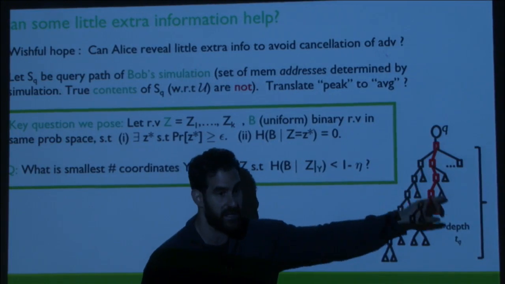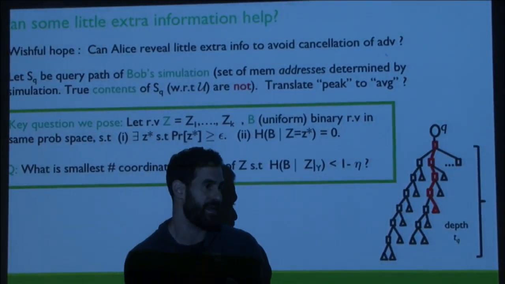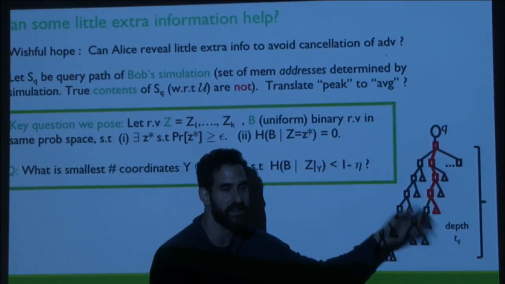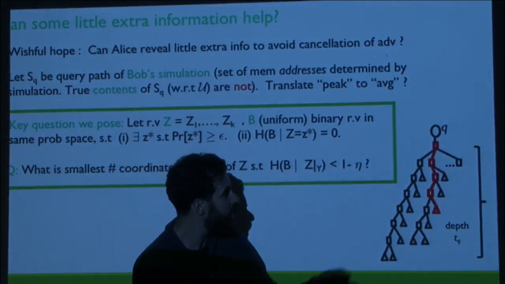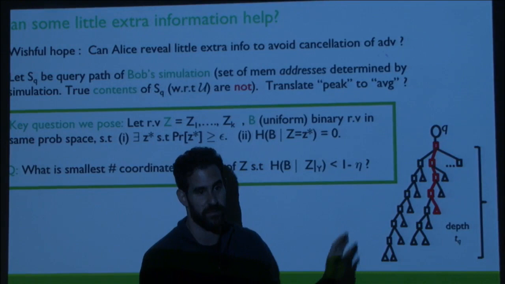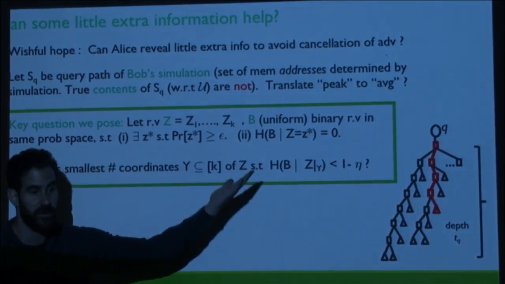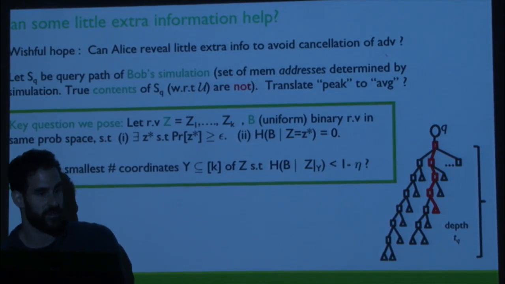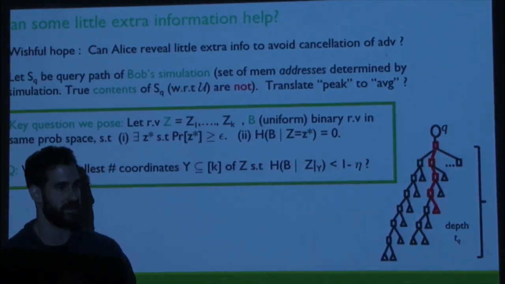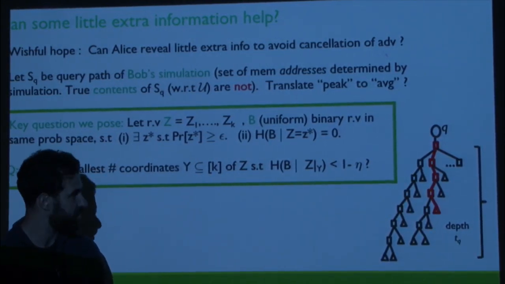It's the contents that he probed, which may or may not be correct. It's very unlikely to be correct because Alice most likely didn't sample all the correct cells. With some small probability, it's the correct path. And B is just the posterior answer conditioned on Alice's message, whether the answer to the range counting problem is 0 or 1. It's a function.